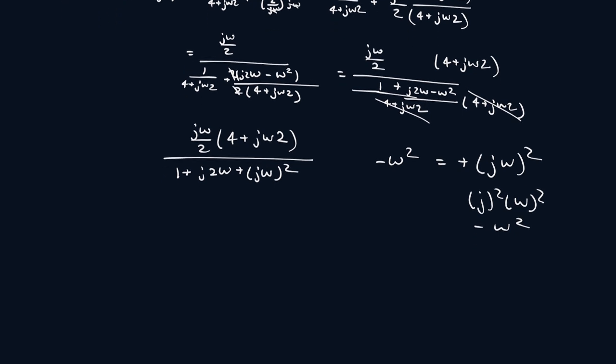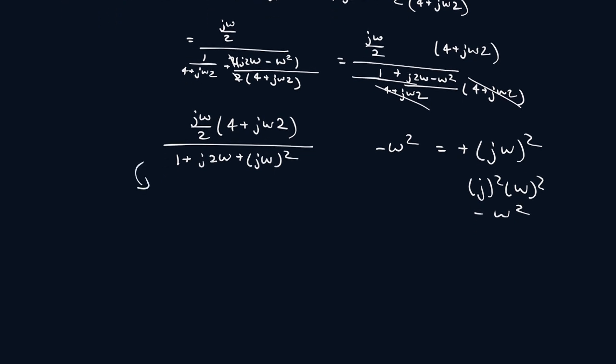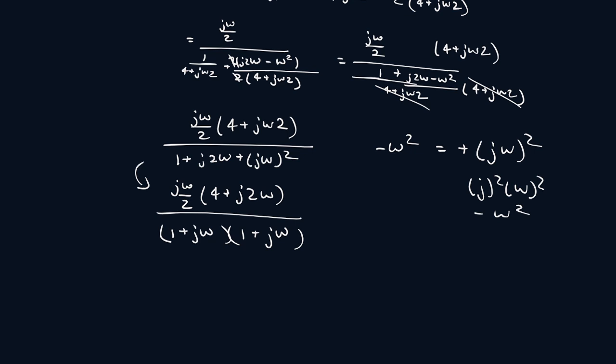Okay, and now we can just factorize this. So there'll be a 1 and a 1 here, and there'll be a JW here and a JW here.